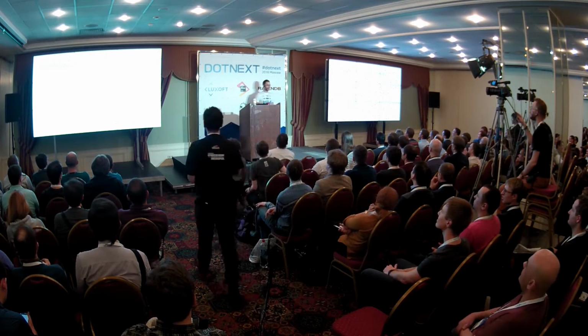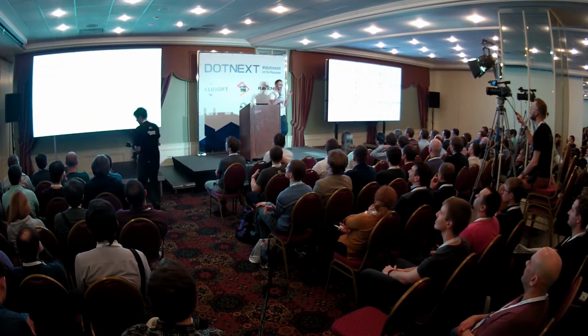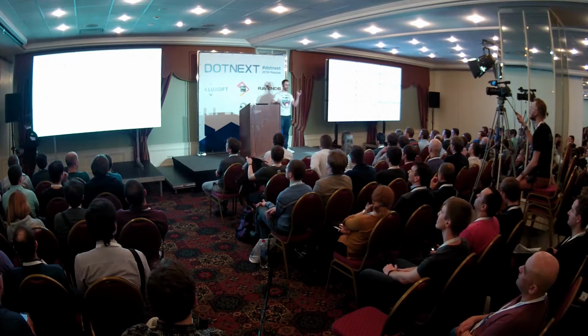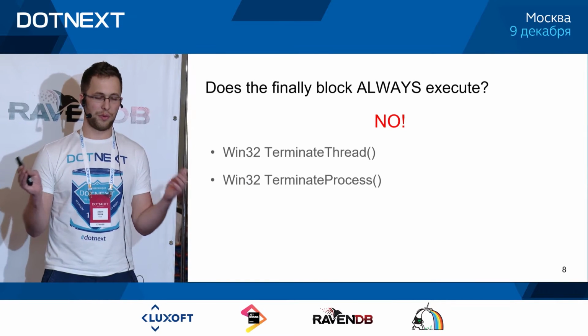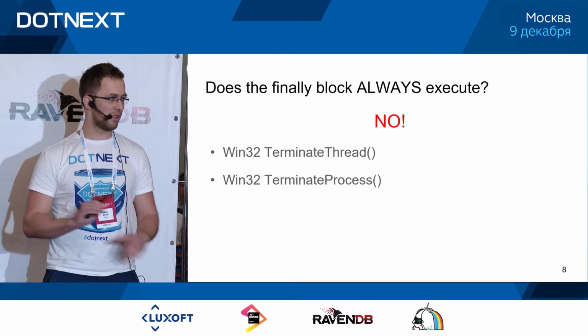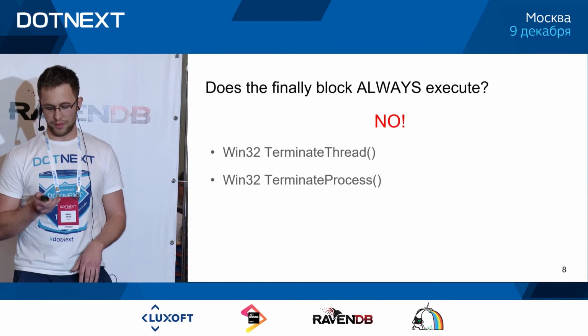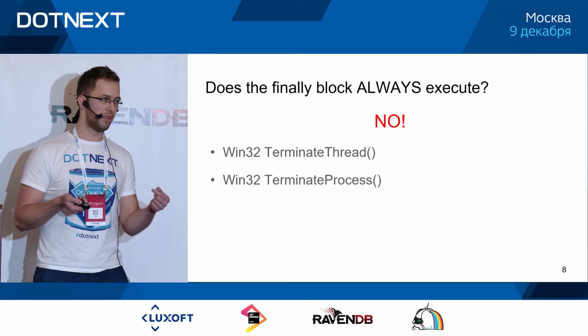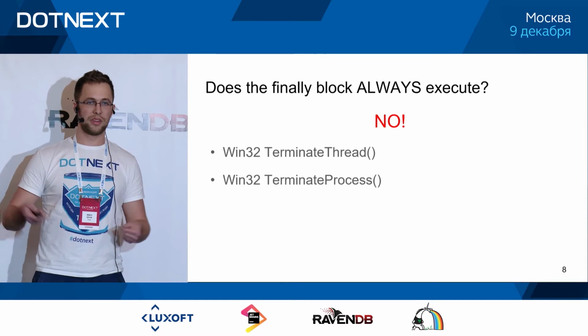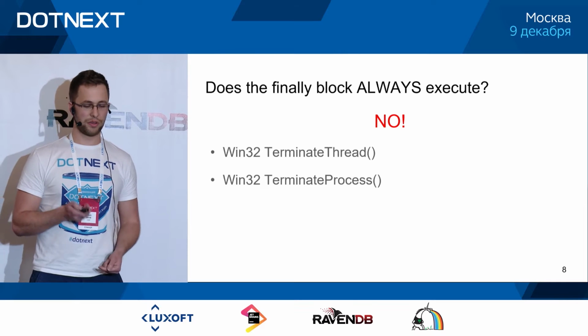First of all, .NET is a managed world. If somebody is bypassing the managed way and calling the native APIs, then the CLR is not aware of that, and the finally blocks are not going to be executed. And this is a case today, because thread abort was not ported to .NET Core, so people do native calls. And the behavior is going to be different.